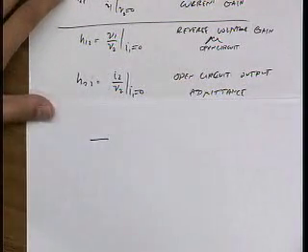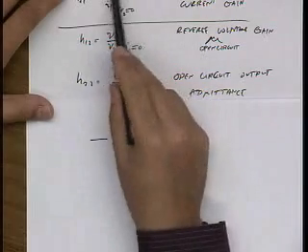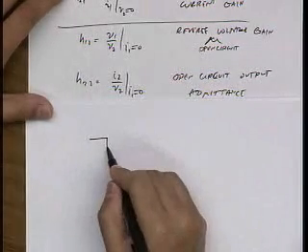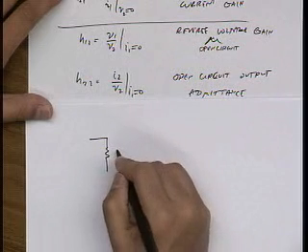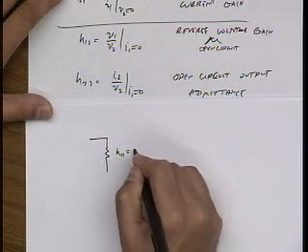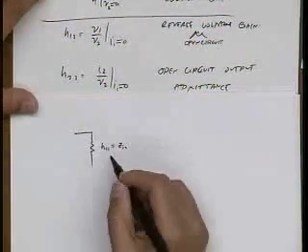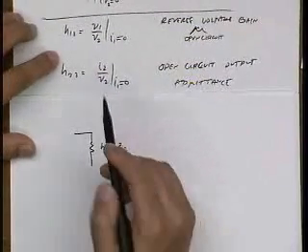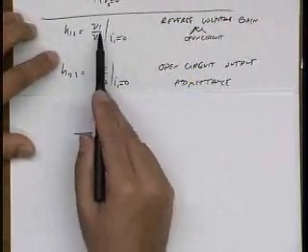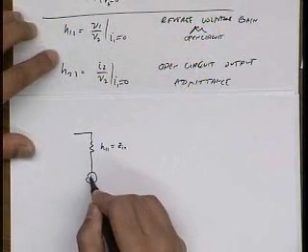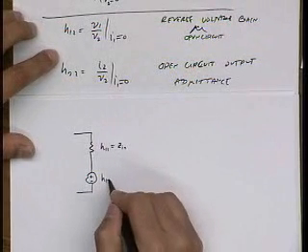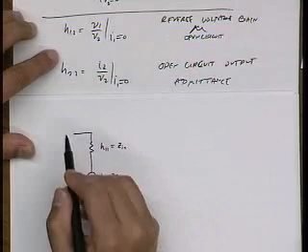On the input side, I should see some input impedance, which is H11. And there's also a feedback voltage, H12 times V2.